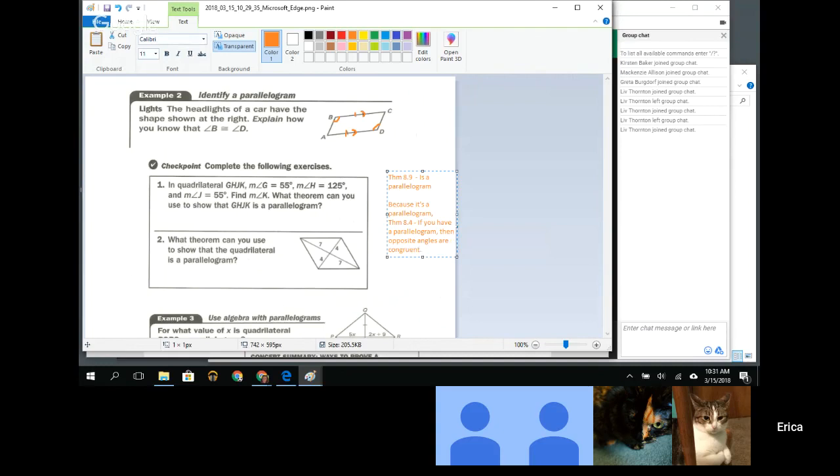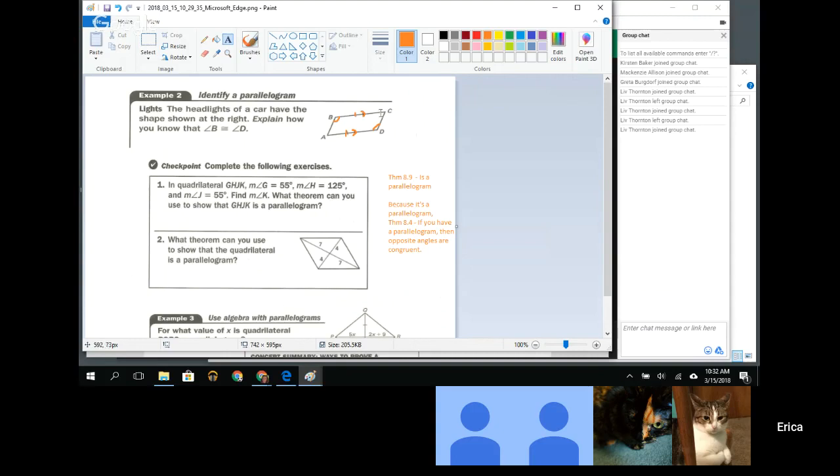That makes sense, guys? So basically, we have these two sides, AD and BC, that are both congruent and parallel. So by theorem 8.9, we can say this is a parallelogram. And then because it is a parallelogram, by theorem 8.4, we can say that our opposite angles are congruent. Okay? Hopefully that makes sense. Hopefully you guys are with me.